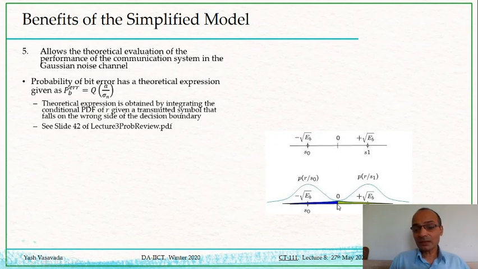So that blue area gives you the theoretical expression of the probability of error, because that area is essentially the probability that R is less than 0 when S1 is transmitted. And that probability is essentially the probability of making an error.